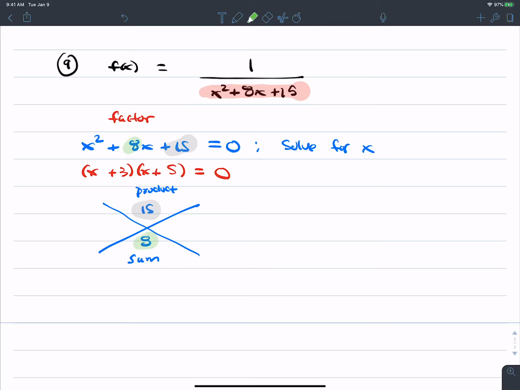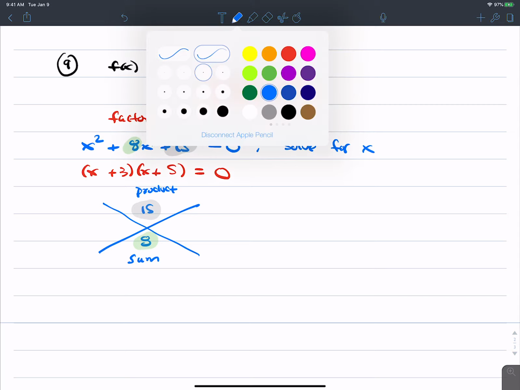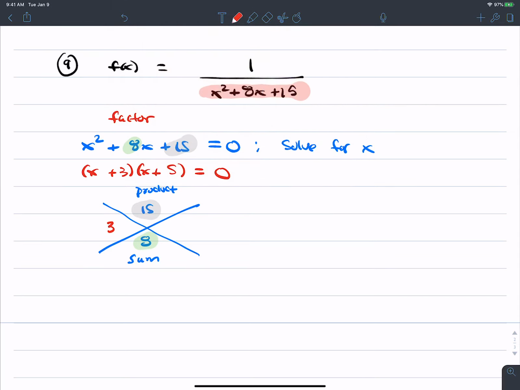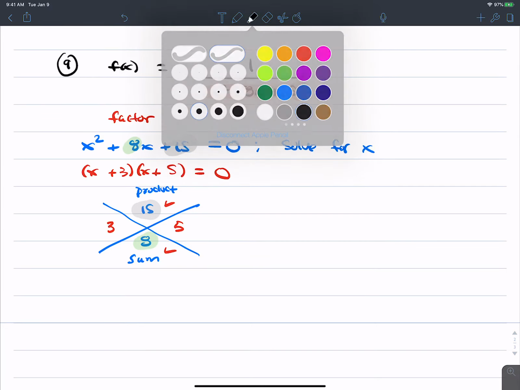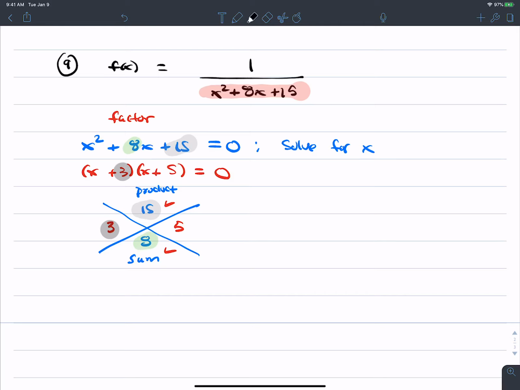We have put that down there, and we need two numbers multiplied together that satisfy those two constraints. And you'll find that the numbers are going to be positive 3 and positive 5. So we know that 3 times 5 is 15, and 3 plus 5 is 8. So these are the numbers here.